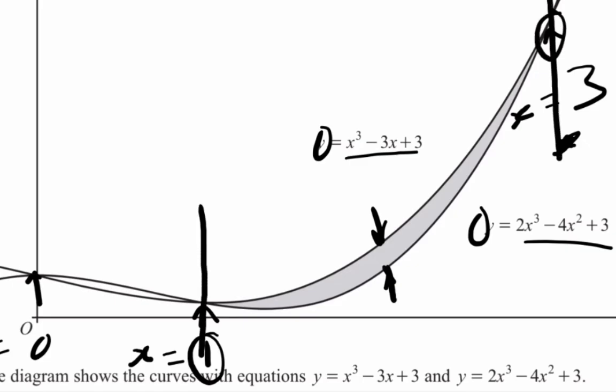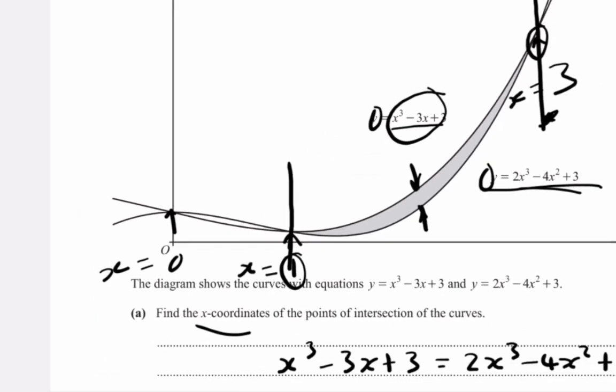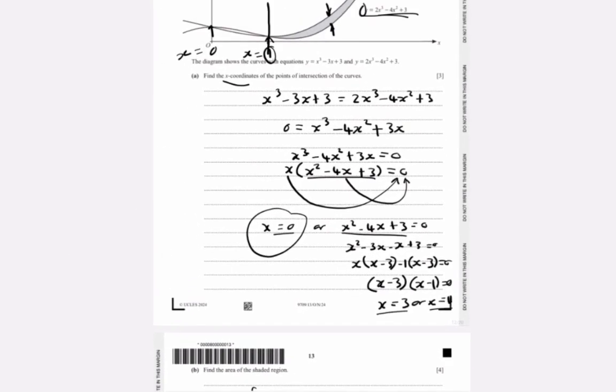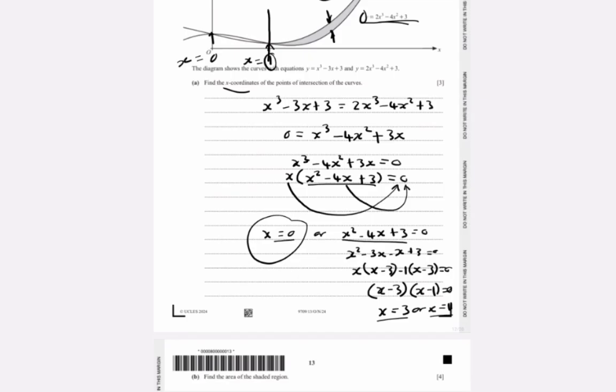So we're going to use x equals 1 and x equals 3 as limits. But we're saying integral of this, which is on top, minus integral of the one that's below that. Right, so it will be looking like integral of the one on top is x to the power 3 minus 3x plus 3.